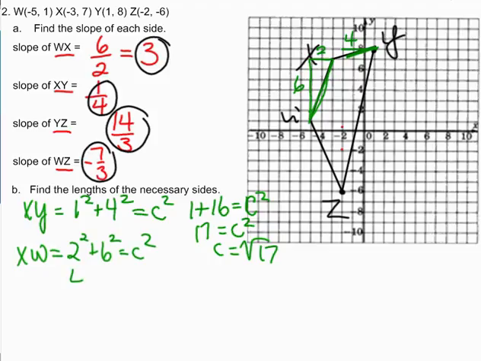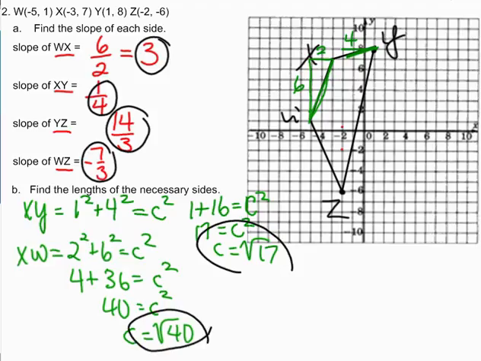All right, 4 plus 36 equals c squared, 40 equals c squared, so c equals radical 40. Okay, well, we can see that this is not equal to this. But we still have to figure out the other sides because maybe WZ is the same as XW. So maybe we still have a kite. We know it's not a rhombus, but maybe we have a kite.